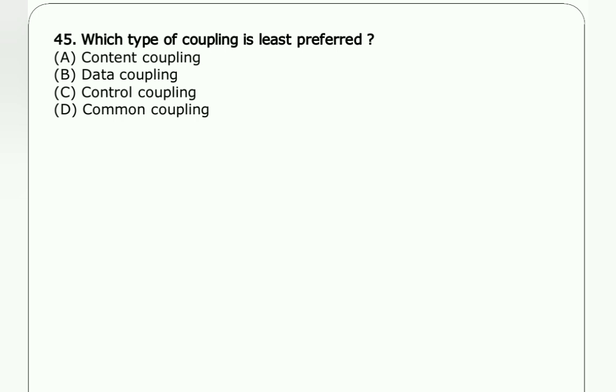There are different types of coupling: content coupling, common coupling, control coupling, stamp coupling, data coupling. The more preferable one is data coupling, and the least preferred is content coupling.